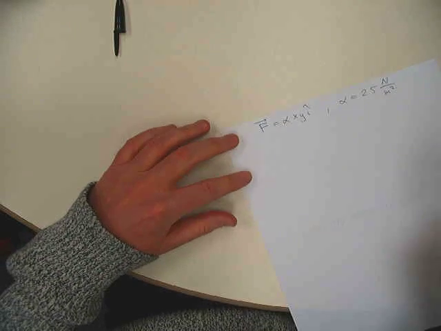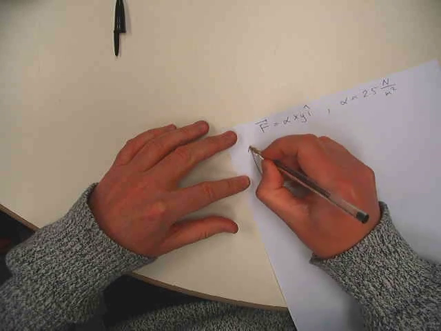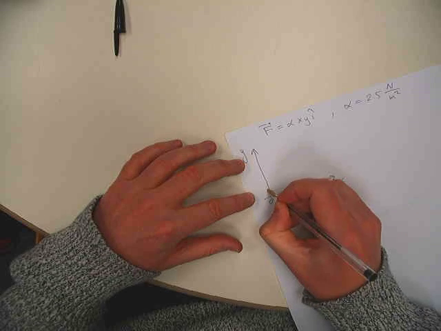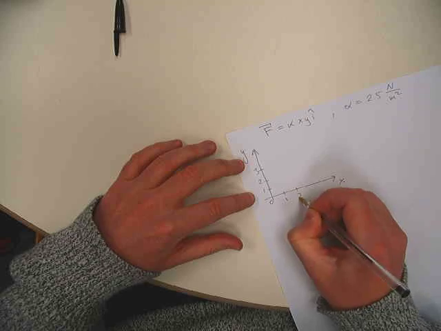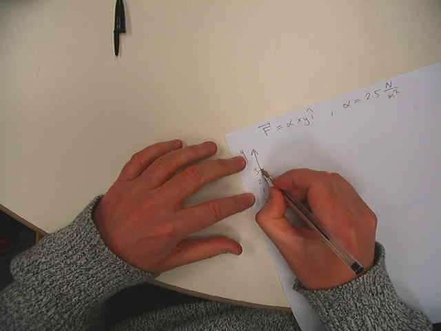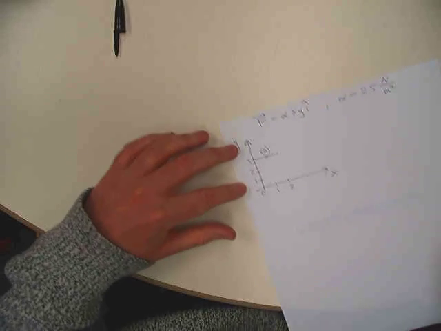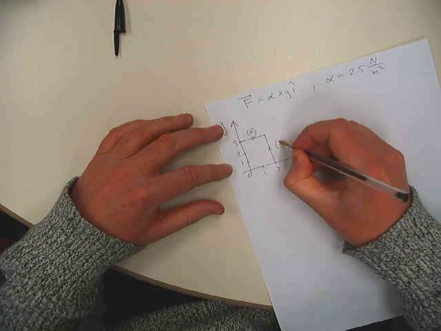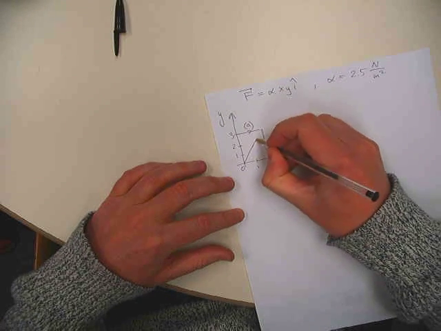Alright, so we are given three paths, so that's our xy plane, and we are given one path, 0, 1, 2, 3, 1, 2. So our first path in part A is this, our second path in part B is that, and the third path in part C is this, right?